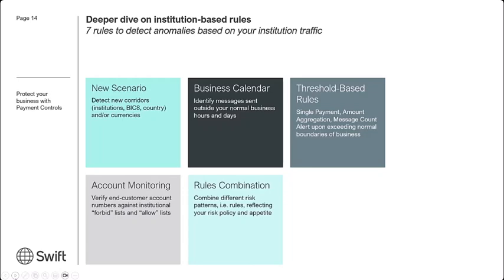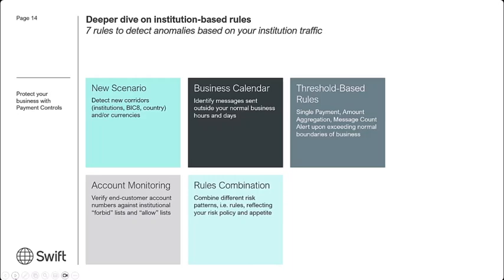And finally, PCS lets you combine rules. So this for me is almost really what ties everything together, and it's actually something that many institutions underutilize today. So it really looks to combine risk conditions and allows you to express more nuanced risk appetite. So for example, you may choose to simply have a non-blocking rule set for a new currency or for a single payment amount.